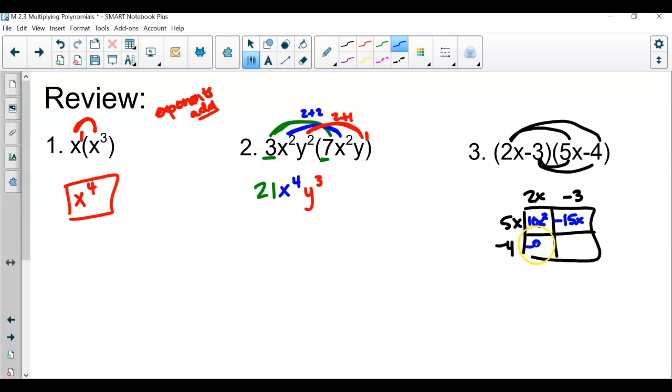So now here on the bottom row, I've got negative 8x. Negative times a negative is a positive 12. Then notice how we do have like terms here to combine. Negative 15 minus 8, negative 23x. So you've got 10x squared minus 23x, but plus 12.